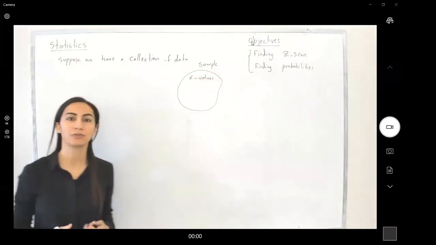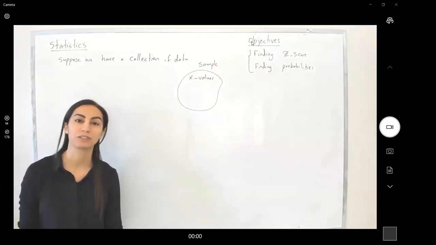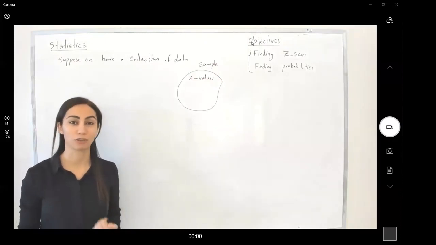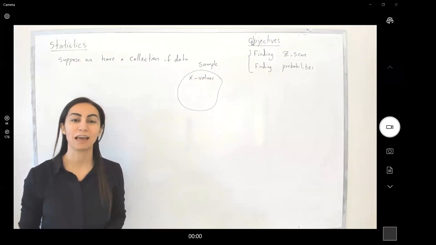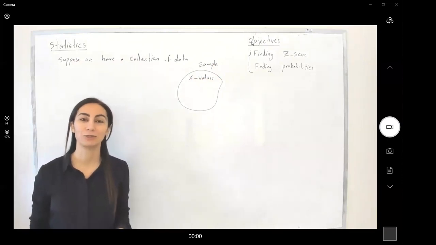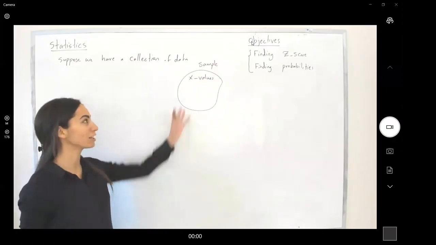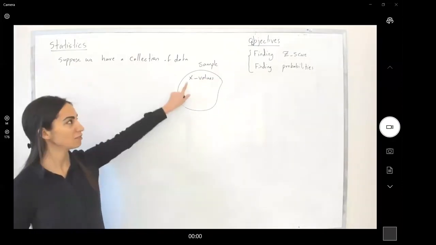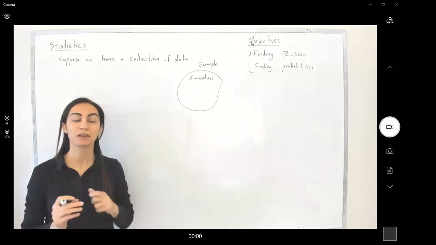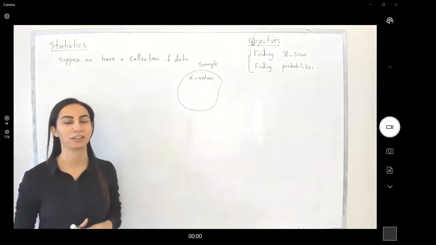These x values can be, for example, the SAT score of your classmates, the effectiveness of a new vaccine for COVID-19, or any collection of data. We have x values representing the data in that collection.